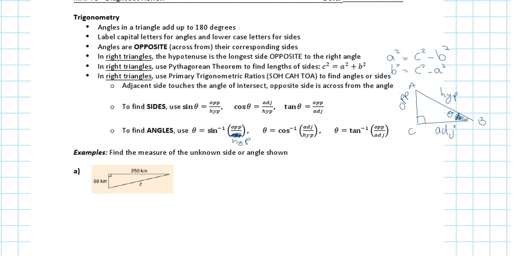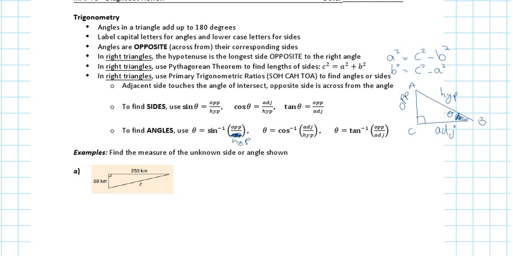All right, so the first question is asking you to find the measure of the unknown side. For the first one, what do I do? Pythagorean here, right? I have a right angle triangle, and I feel like I'm losing my voice. I know the two legs.